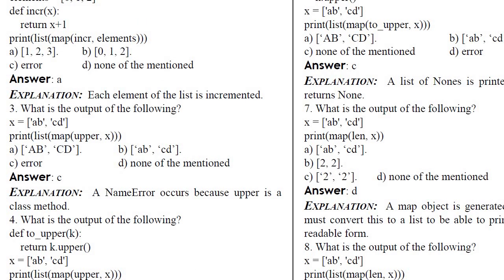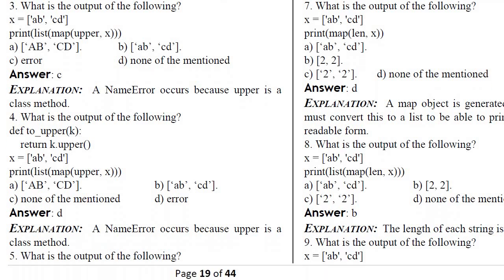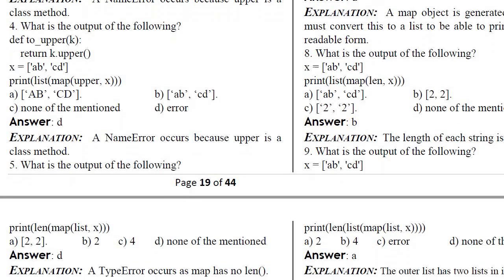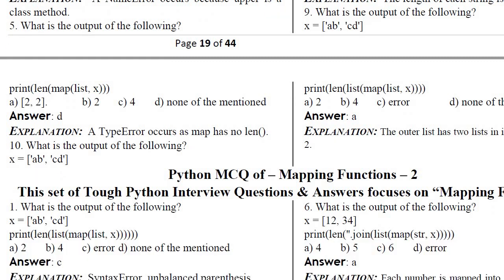Next we will look at the next program. What is the output of the following? x equals AB and CD. Find map len. Here remember it's mentioning len, and instead of len we know that list would be here and len would be here. So it will show you a type error.